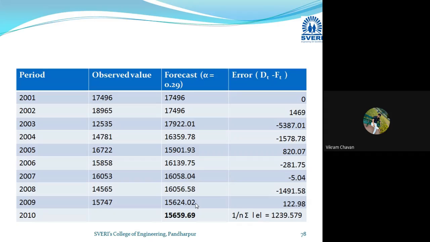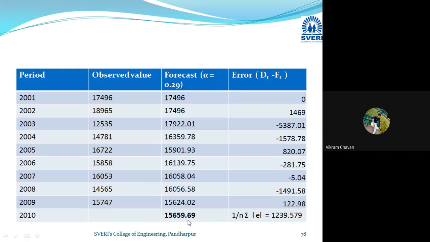Okay. So finally, we have to find out the forecast for the year 2010. That is our desired value, and we have to compute that value. Are you getting the same value, 15,659.69?